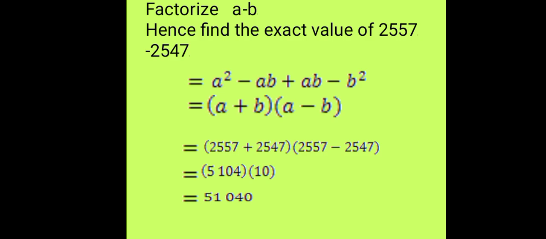Using the same logic, we have 2557 plus 2547 multiplied by 2557 minus 2547. If we add the first part, we get 5104. If we subtract the last part, we get 10. So 10 multiplied by 5104, we get 51,040.